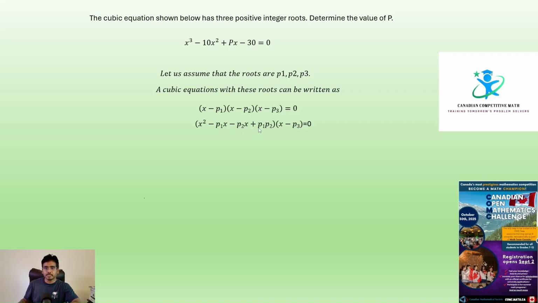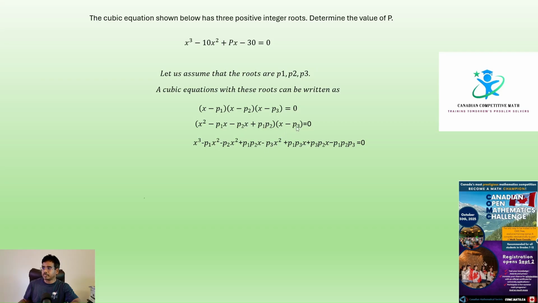In the next step, we multiply this entire expression with x minus p3. So let us see what it looks like. As we did before, we take this entire expression and multiply with x first. So it becomes x cubed, next minus p1x squared, minus p2x squared, and plus p1p2x.